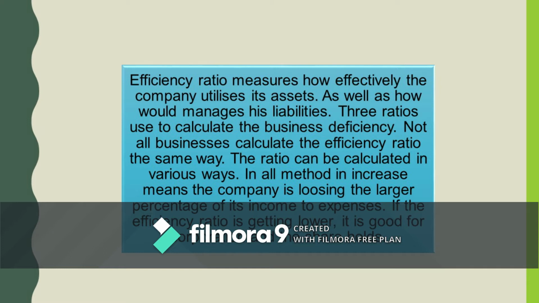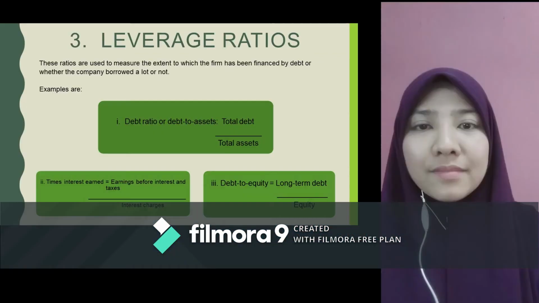The ratio can be calculated in various ways. In all methods, an increase means the company is losing a larger percentage of its income to expenses. If the efficiency ratio is getting lower, it is good for the corporation and the shareholders.